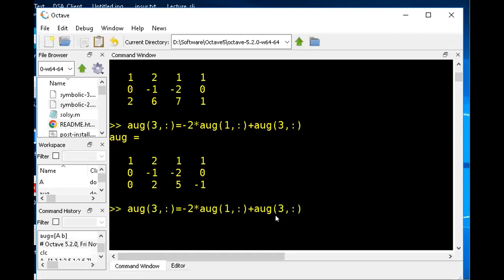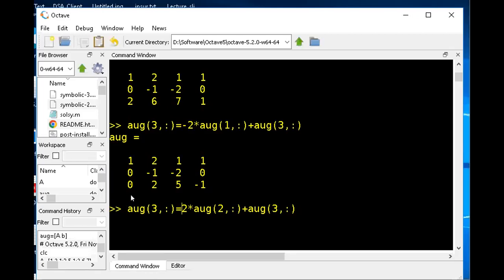This time I will perform a row operation for the last row, and I multiply the second row by positive 2, plus 2, and add that to the last row.